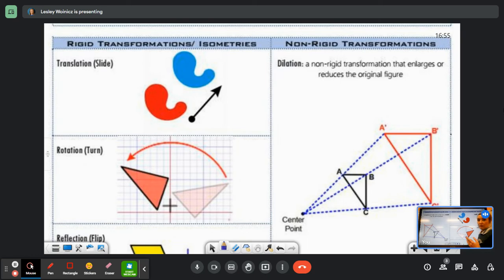If you remember from Algebra 1, we had another name for this: a shift. We would do a horizontal shift from side to side or a vertical shift up and down, with our parabolas and exponential functions. So this is a shift.